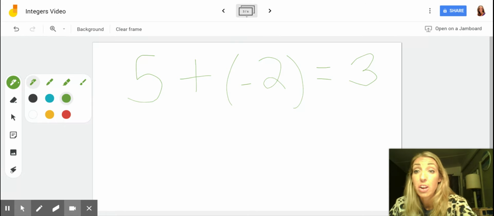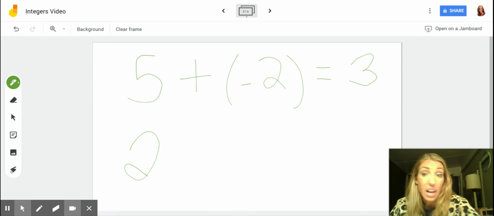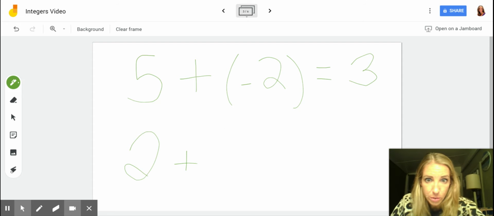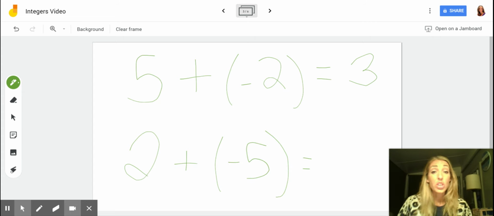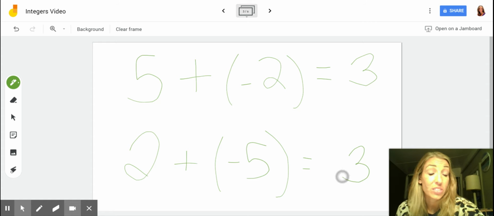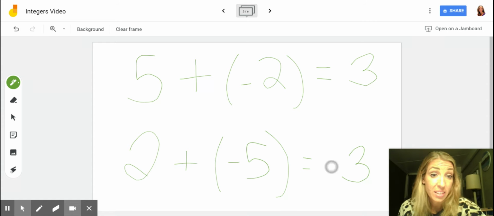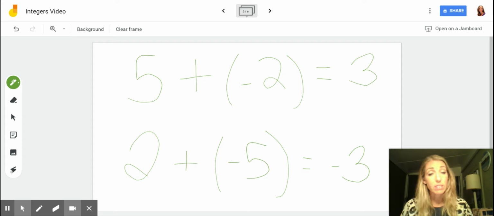So the other scenario would be if I started with only $2 and then somebody said, yeah, I bet you $5 you can't do that, and you couldn't do that, so you lost $5 on the bet. Now you can give them the $2 that you have, but how much more money are you still going to owe them? You still need to somehow get $3 that you don't have yet. So you're considered to be -$3.